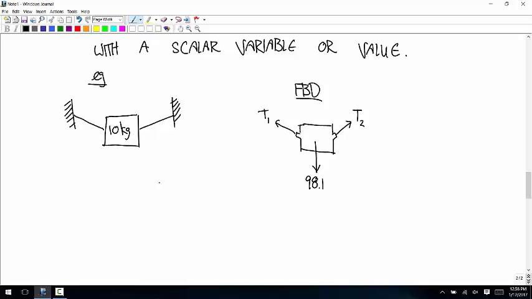Whenever you have forces with known directions, you're going to be dealing with unit vectors in some way or another.